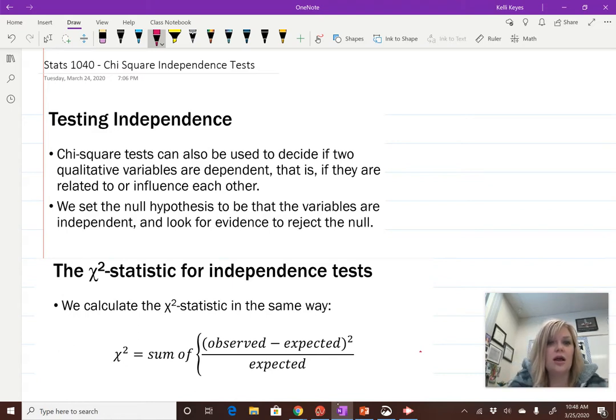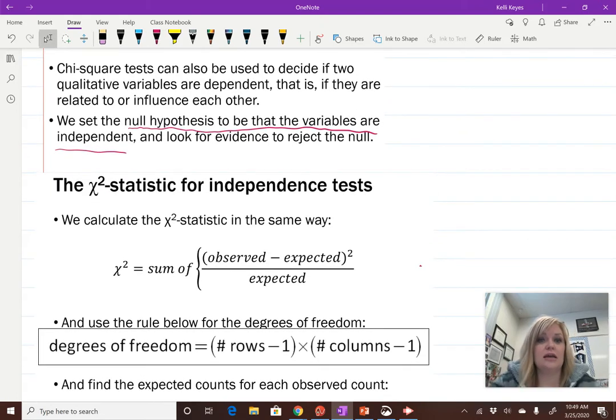The null hypothesis would be that the variables are independent. You can say what the specific variables are, which I'll show you an example of in a second. And the alternative would be they're not independent, or they are dependent.